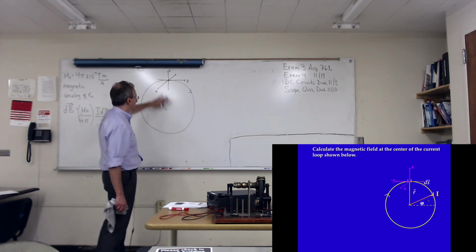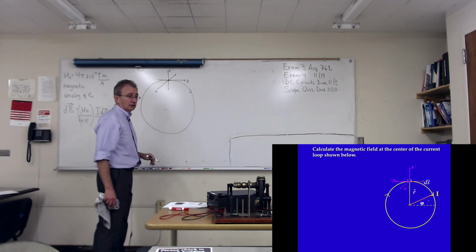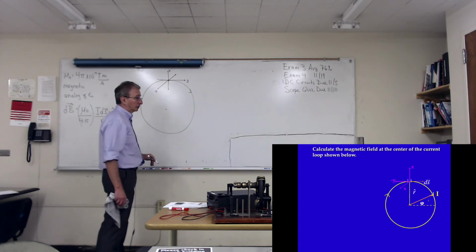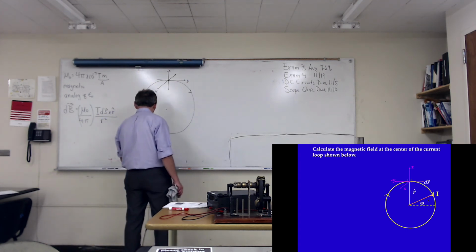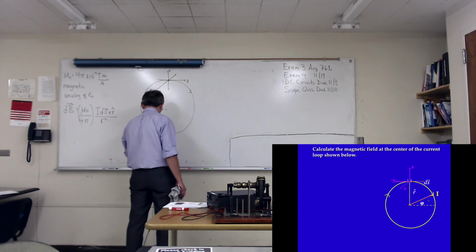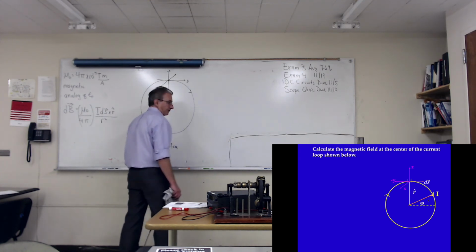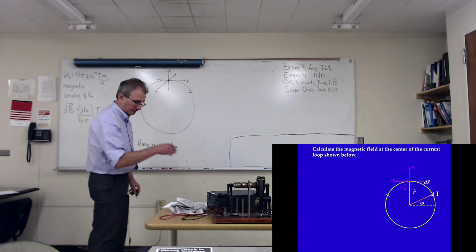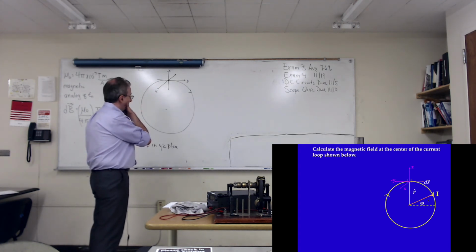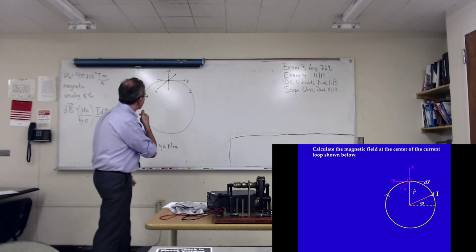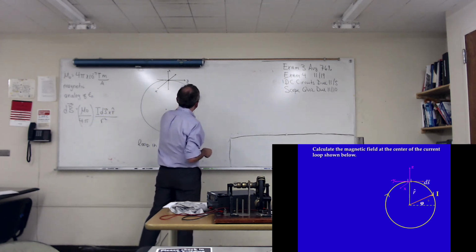So this is the YZ plane. The loop is in the YZ plane. So my current is clockwise.